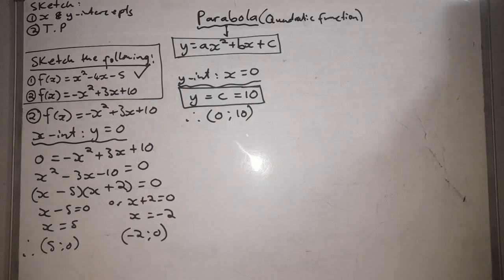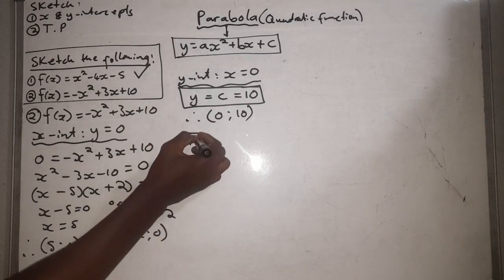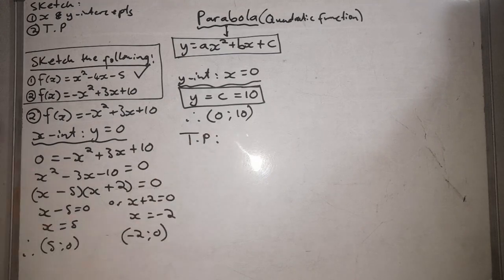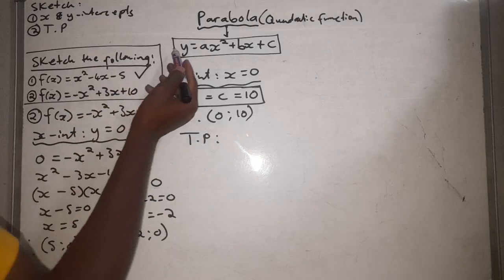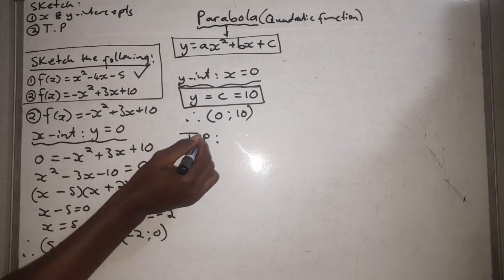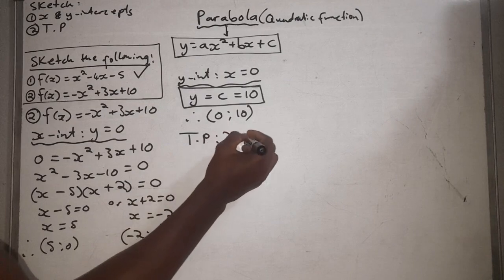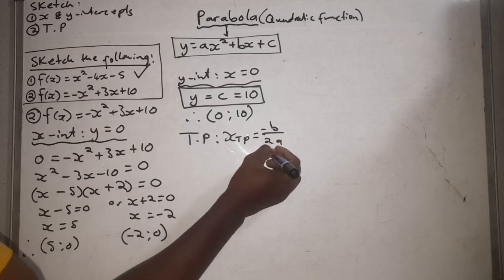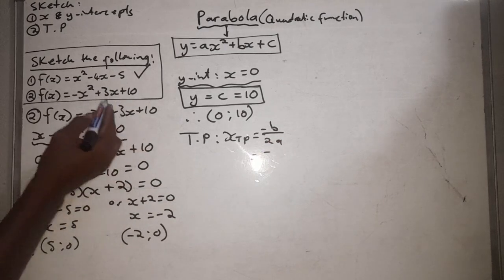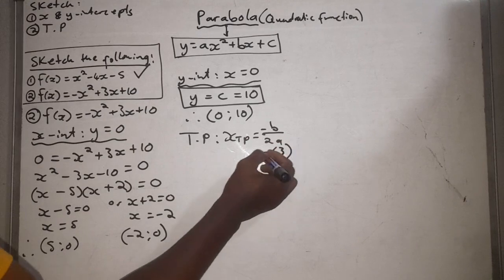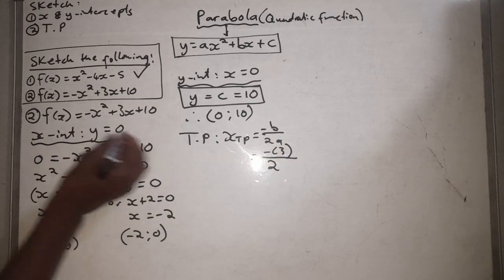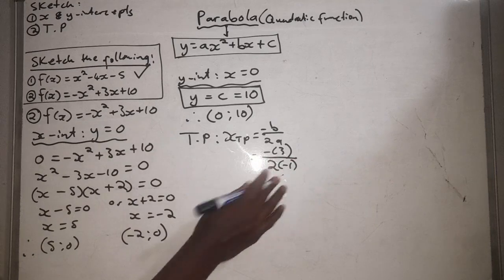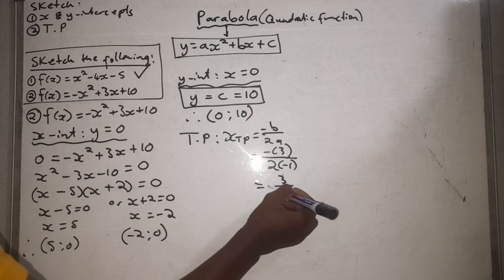Now moving to the turning point. Turning point, that's requirement number 3. Again, I'm repeating, if you're given the y-intercept form and you're looking for the turning point, you start at x_tp equals minus b over 2a. Then b is 3 over here, so it's 3 over 2 times the value of a, which is negative 1, then the answer is going to be positive 3 over 2.